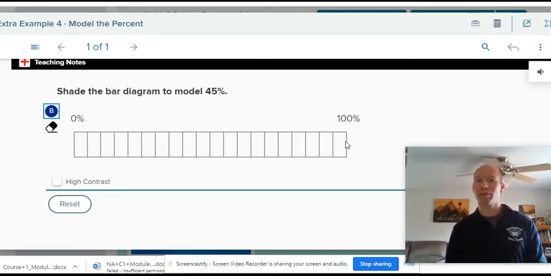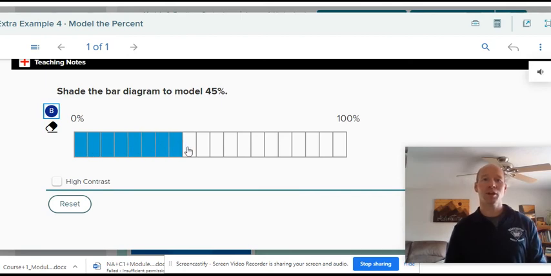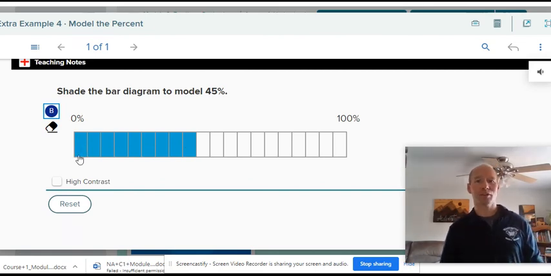So there are 20 rectangles here. So each of these is worth what percent? 5%. So I'm going to shade in 5, 10, 15, 20, 25, 30, 35, 40, and 45. 45%, which is how many bars? 9 bars. That's right, 9 times 5 is 45%.